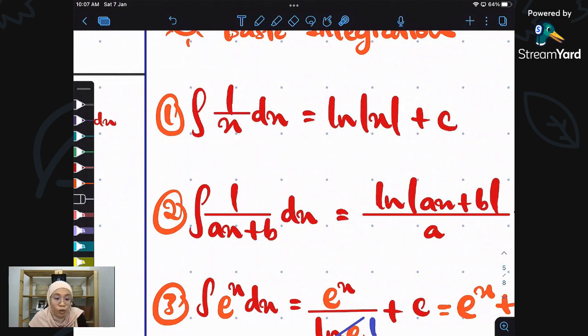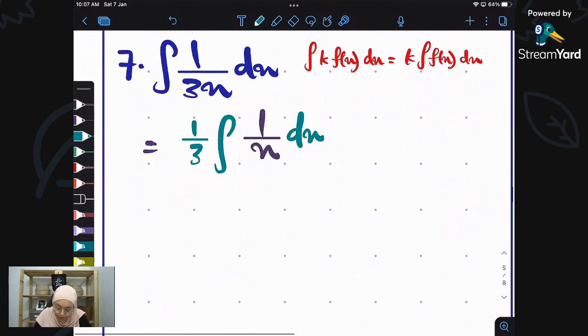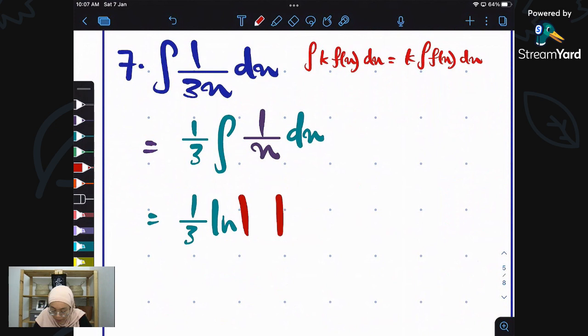The basic rule says that whenever I meet 1 over x, my answer will be ln x, but I must put modulus, and then barulah letak plus c. Okay, so the answer is very easy, very simple. The answer is just 1 over 3 ln, jangan lupa letak palang x, and then plus c. That's it. That is the first example.